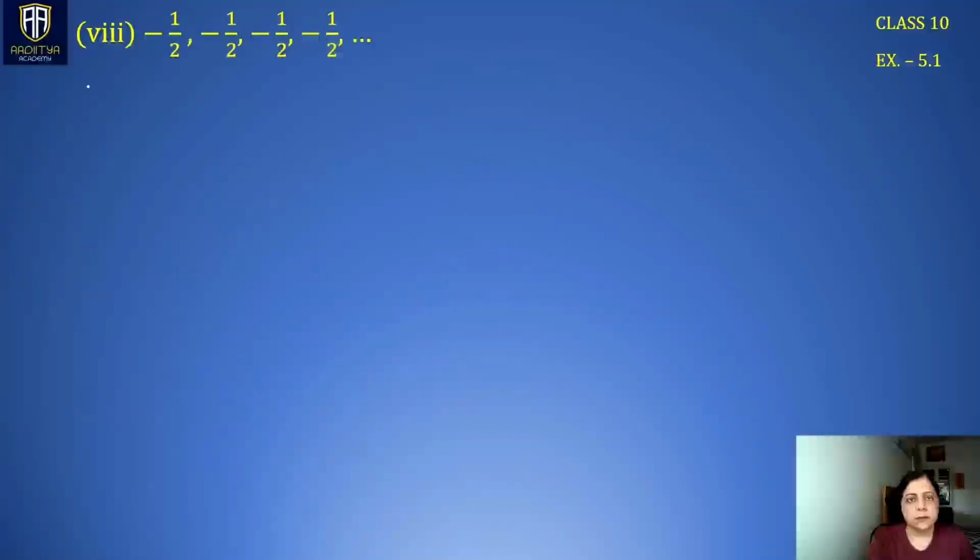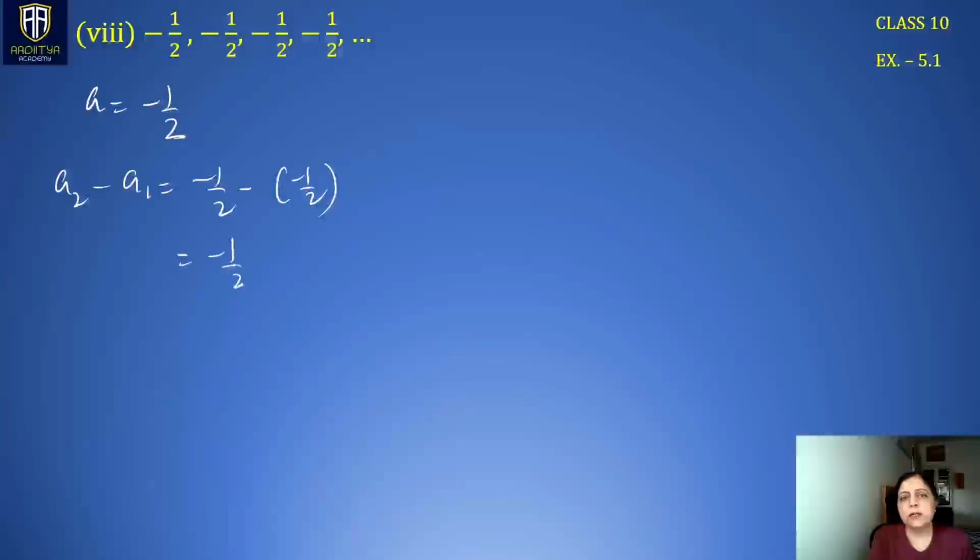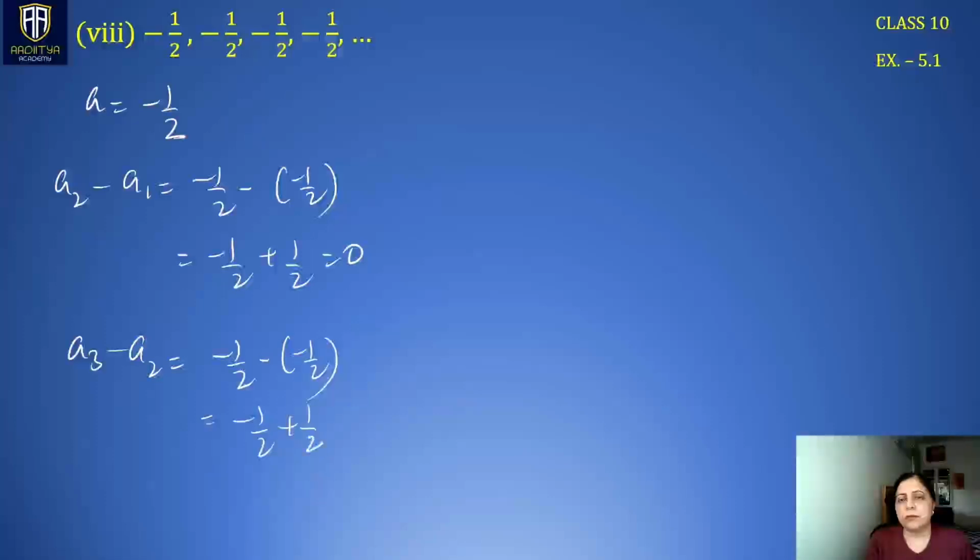Next number is minus half. a1 is minus half. And a2 minus a1 is minus half minus minus half. That means minus half plus half, which is 0. Another pair we have, a3 minus a2, is minus half minus minus half. This is minus half plus half, which is 0.